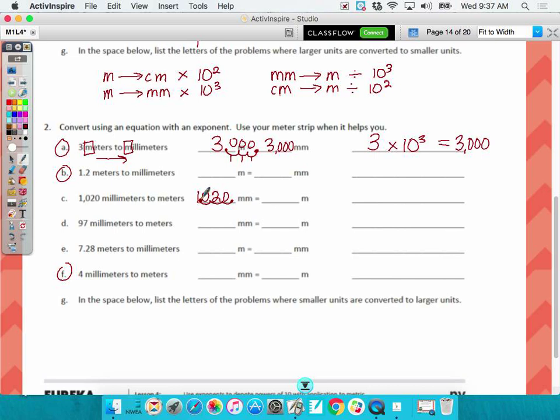Let's look at B. Meters to millimeters. So we're multiplying again. And 1 and 2/10 is our number. How many place values? 3. 1, 2, 3. How many zeros do I have to fill in? 2.